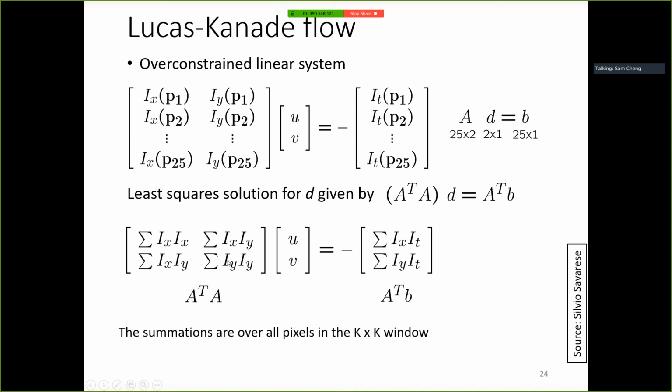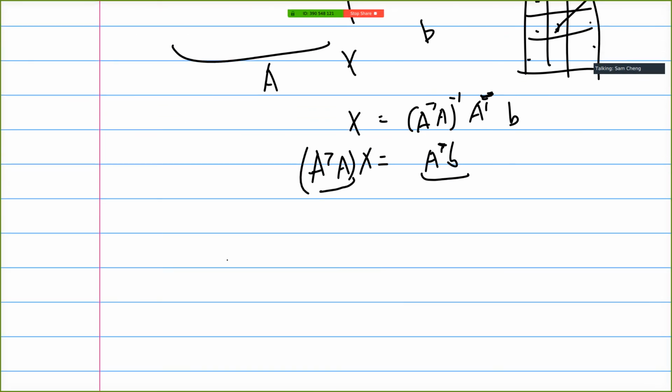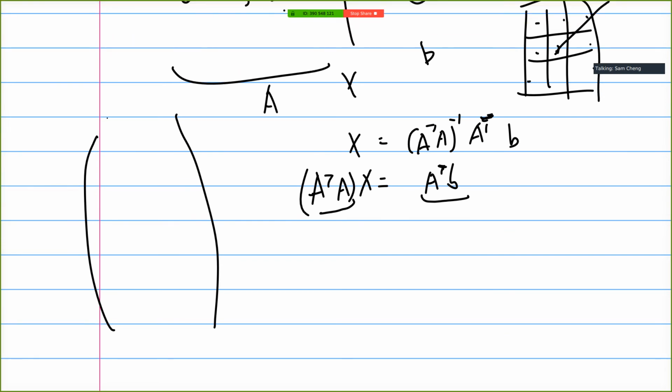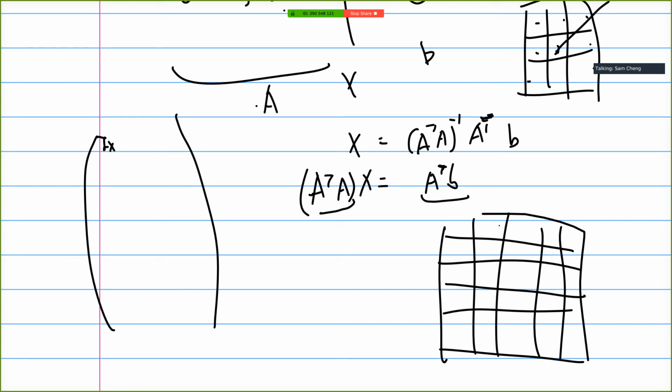Maybe let me try to write it down there. So I have A, which is a bunch of equations, with Ix at different points here. It uses a 5x5 box, right? So we have 25 of them.